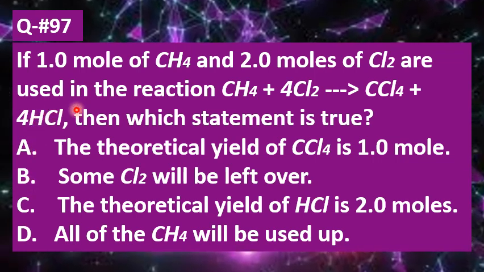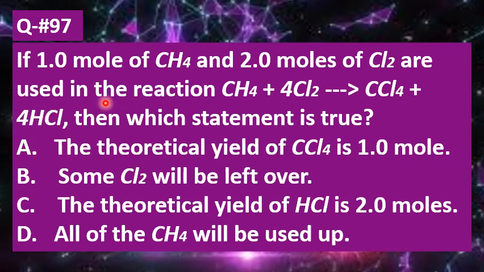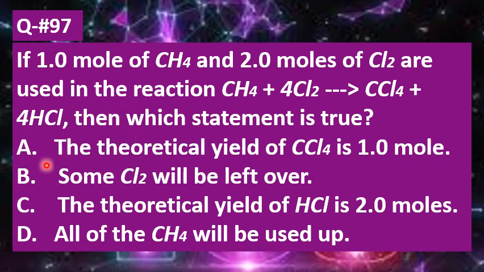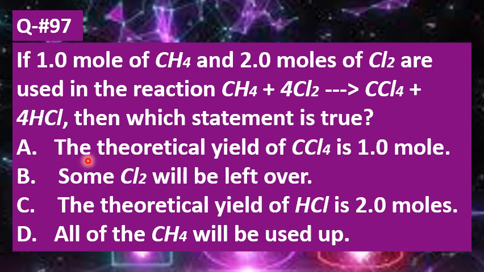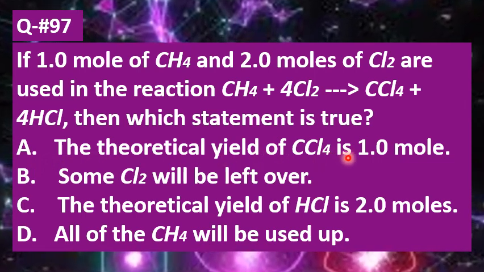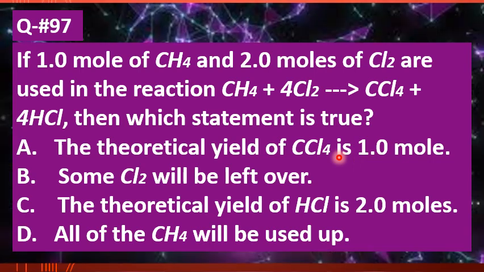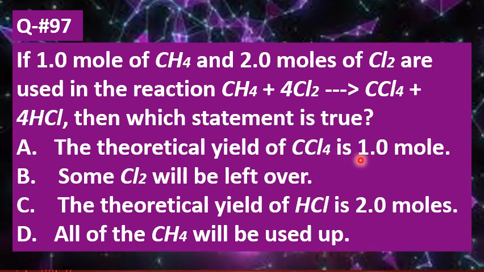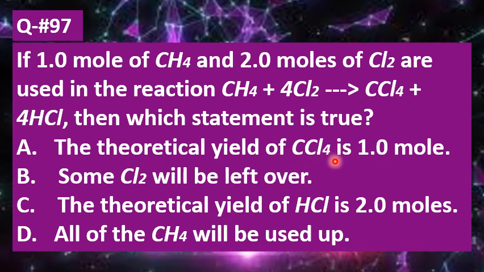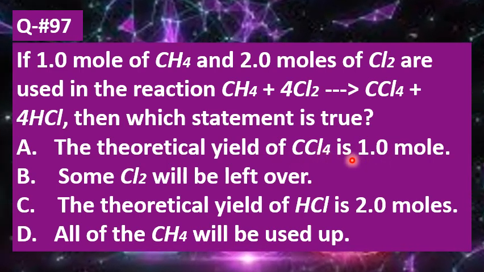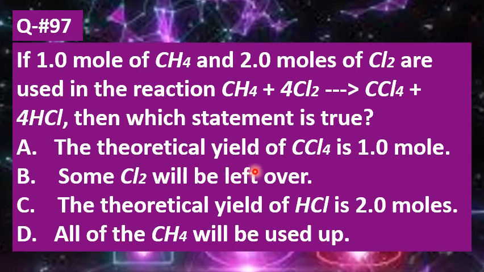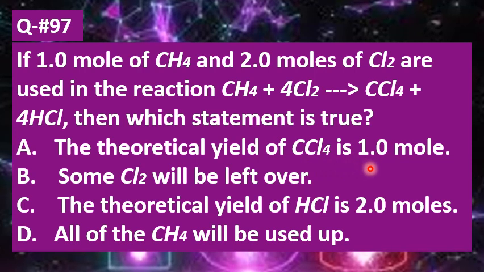So going back to the question, which of the statements is true, right? Statement A says that the theoretical yield of carbon tetrachloride is 1.0 mole. Based on our earlier calculation, this statement is incorrect because the theoretical yield of carbon tetrachloride is in fact equal to 0.5 moles.